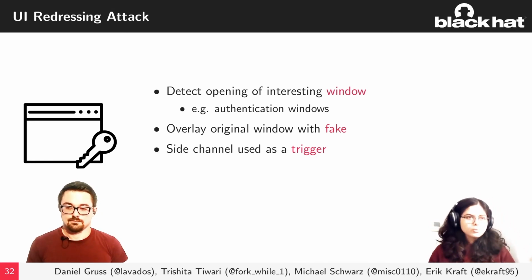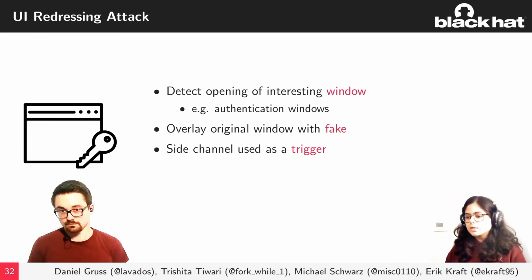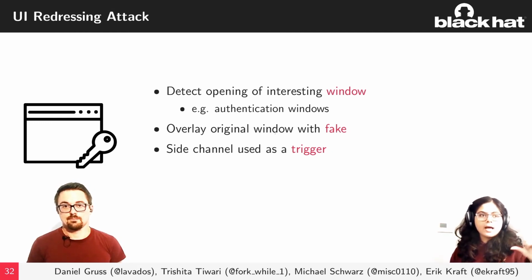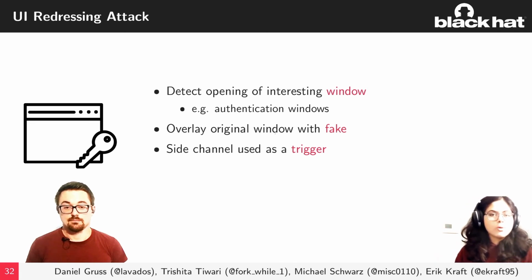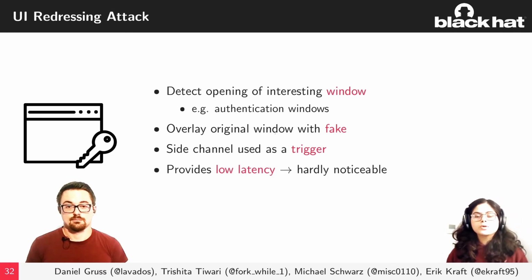So how do we detect when this interesting window is open? We use the page cache side channel as a trigger. The attacker detects when the page for the original, real window is accessed. As soon as that's accessed, the attacker triggers their own attack and releases their own fake window on top of the real window.